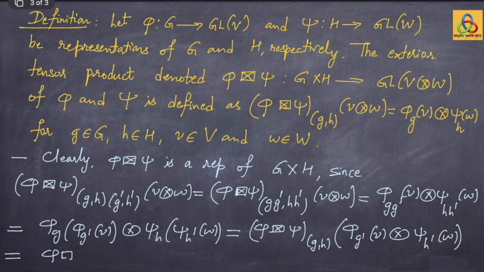Now again you do the same process and it becomes phi exterior tensor psi of g h acting on phi exterior tensor psi of g prime h prime acting on the vector v tensor w.